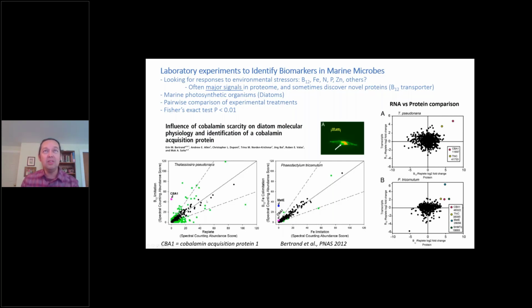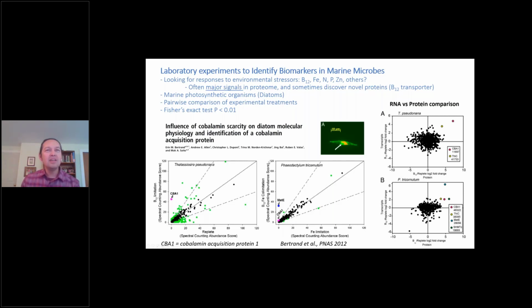If you take a key nutrient away from a microbe, it'll have a very strong adaptive response where it, in this case, produces a transporter, a protein of unknown function that we then characterized through overexpression to show that it was a transporter. And now that allowed us to have a new biomarker for B12 limitation or B12 stress in an important marine alga in the oceans.